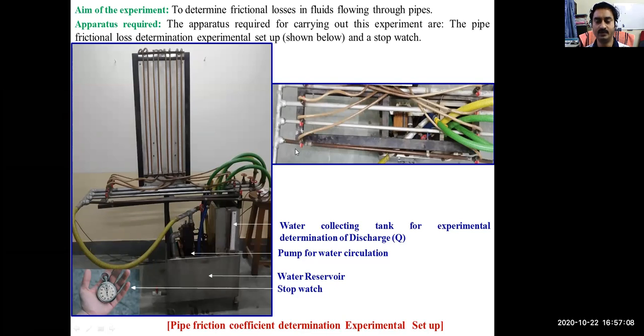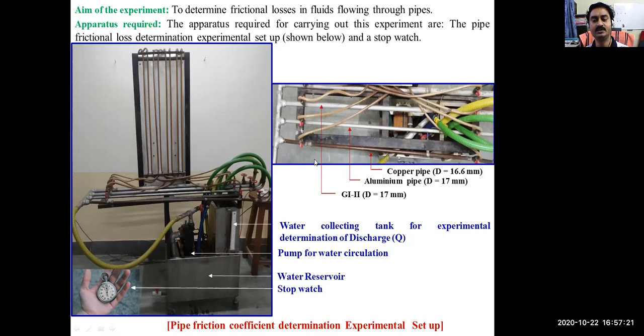The first one is a copper pipe of diameter 16.6 millimeter. The second pipe is an aluminum pipe of diameter 17 millimeter, and the third pipe is a galvanized iron pipe, GI pipe, of diameter 17 millimeter, and the fourth pipe is also a GI pipe of diameter 22 millimeter. I call these two GI pipes GI1 and GI2. And all these diameters are actually the inner diameter. Okay.